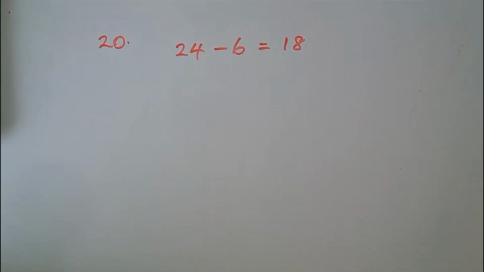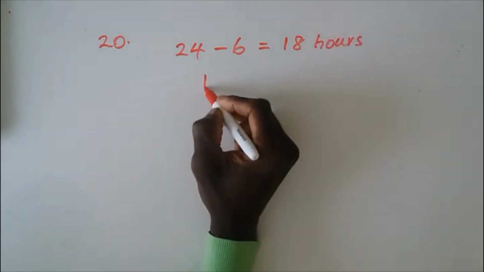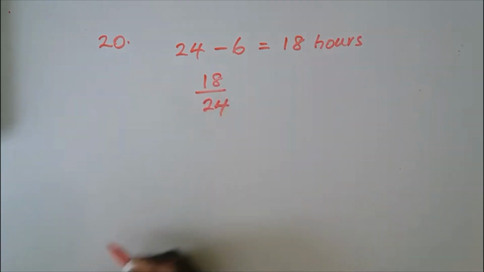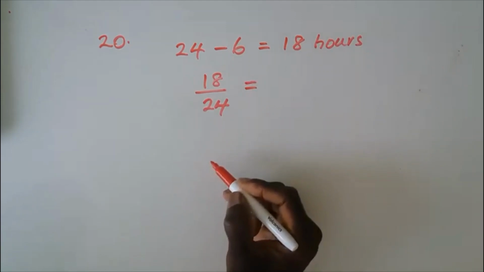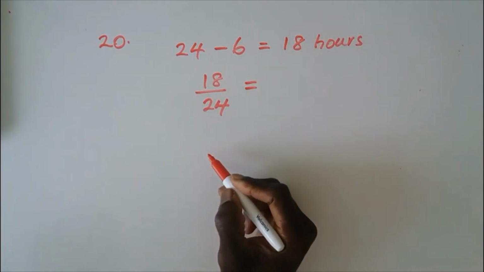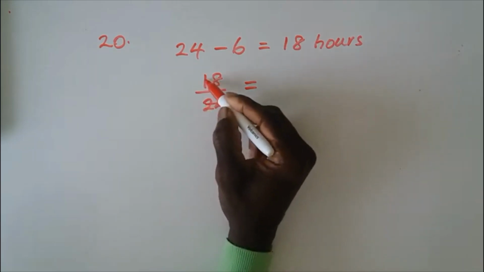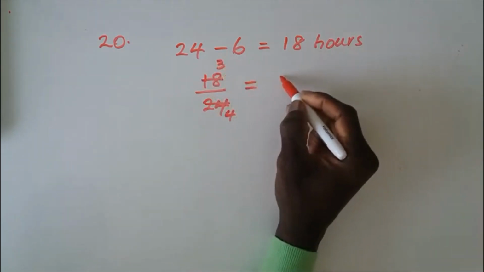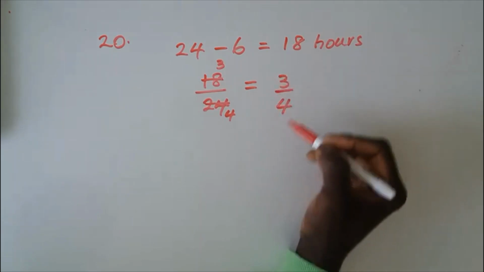That's 18 out of the total day, which is 24 hours. But again, we need to simplify this. We'll divide by the common factor of 6. 6 into 24 is 4, 6 into 18 is 3. So she's awake for 3/4 of the day.